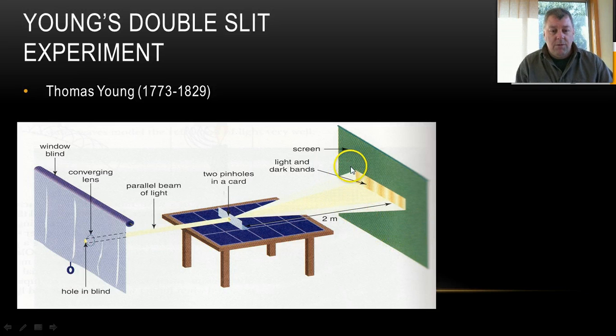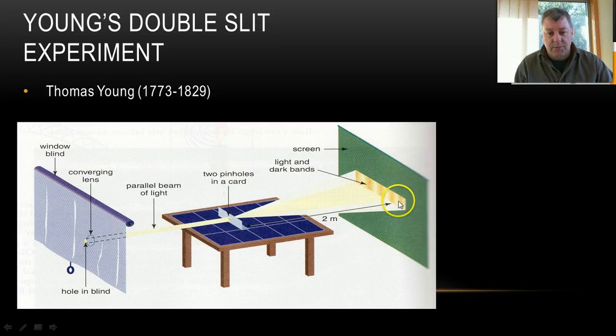And he, like many people, would have expected that the light would have formed two bright spots on the screen. However, he observed not two bright spots, but a series of bands of bright and dark spots on the screen. And this is the interference pattern.